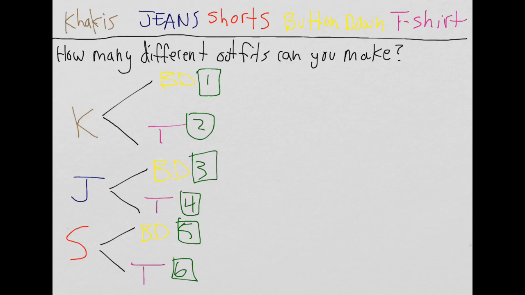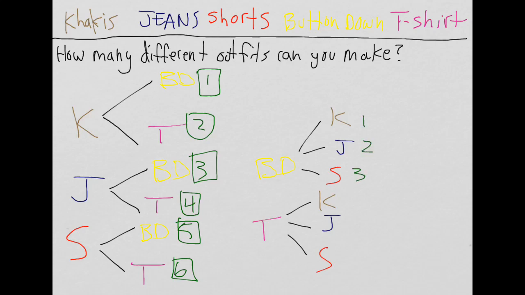I could just as easily have started with the button-down or t-shirt as my first branch, and then split it up 3 times for each, khaki or jeans or shorts. Main idea right here, it doesn't make a difference. I'm still going to end up with 6 options.